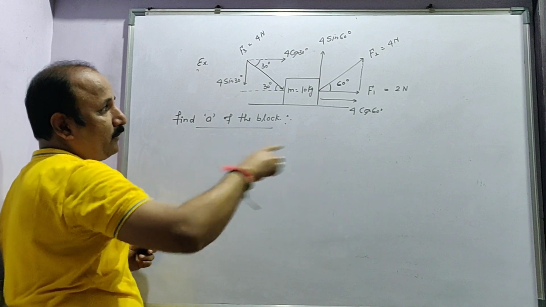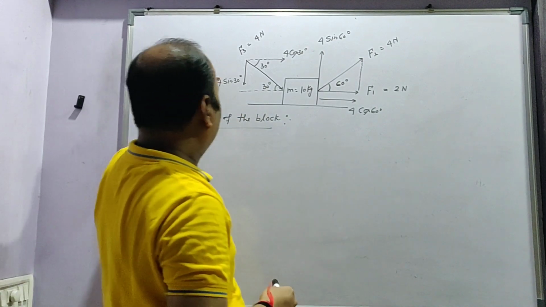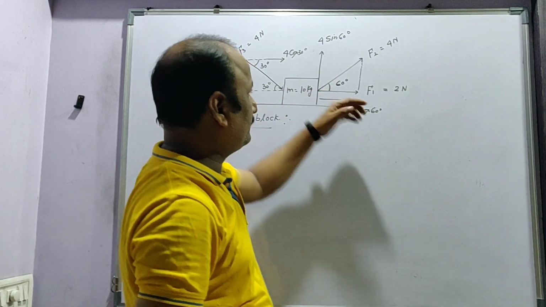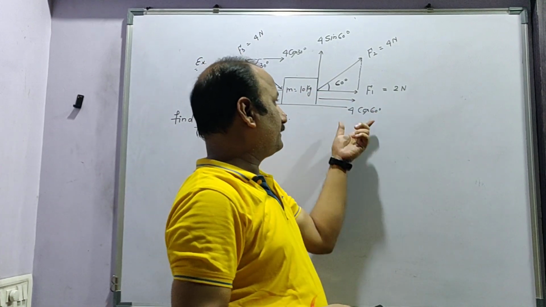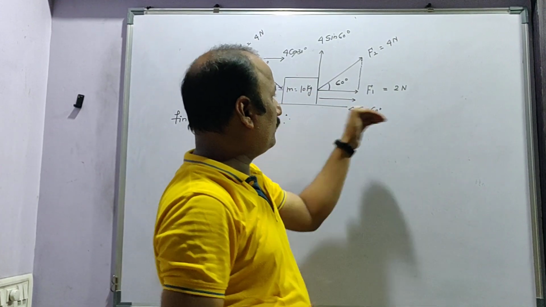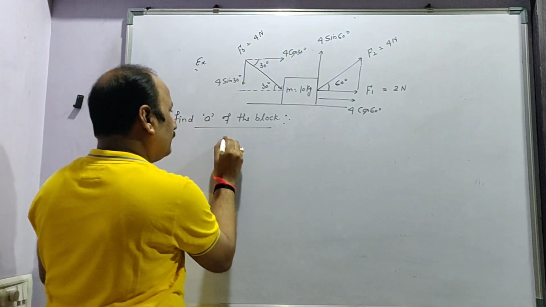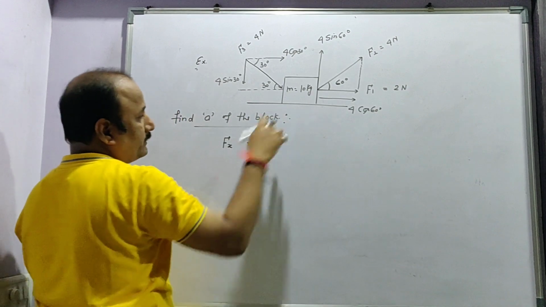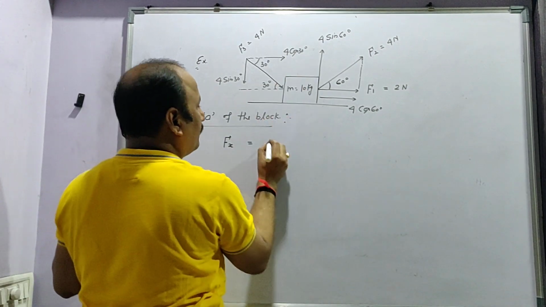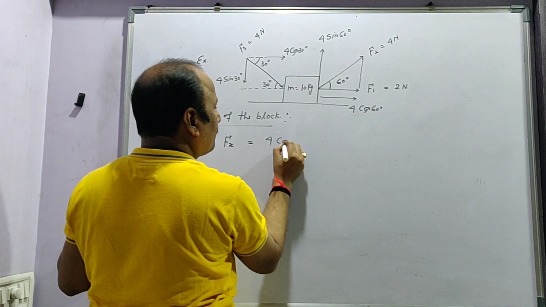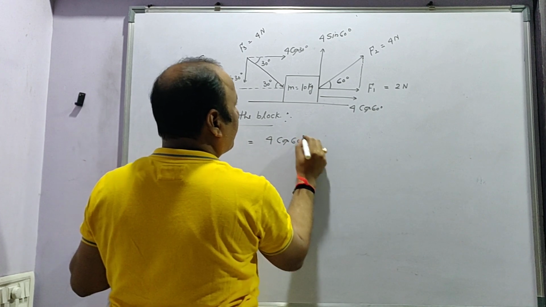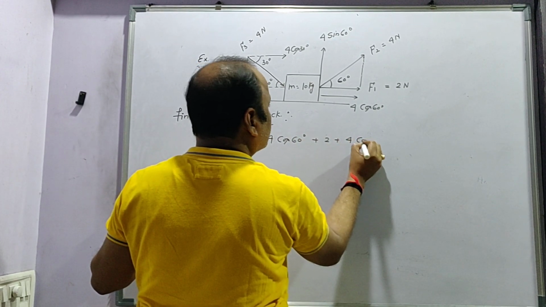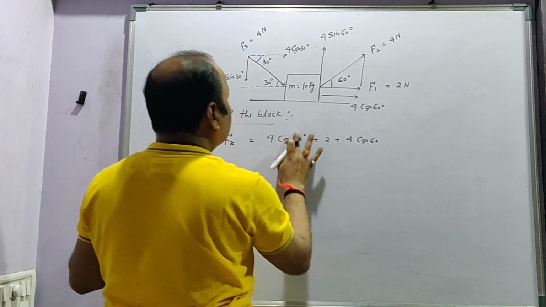Now take the resultant force along the x axis. See, F cos 30 is along the x axis, 2 Newton is along the x axis, and 4 cos 60 is also along the x axis. The total effect of all forces along the x axis is 4 cos 30 plus 2 plus 4 cos 60, sorry, this is 30.